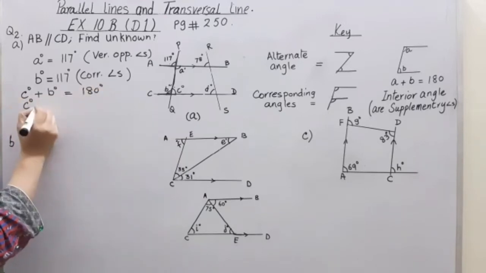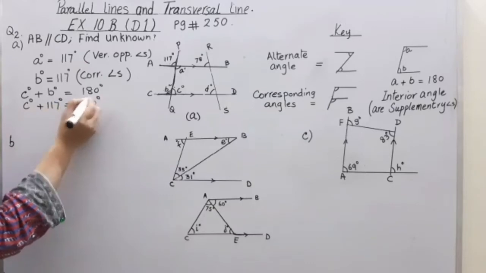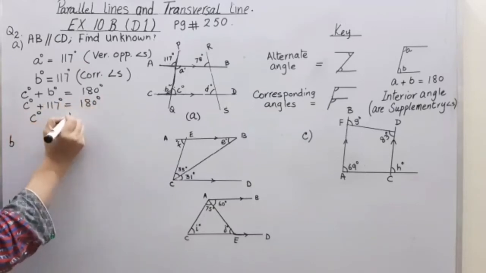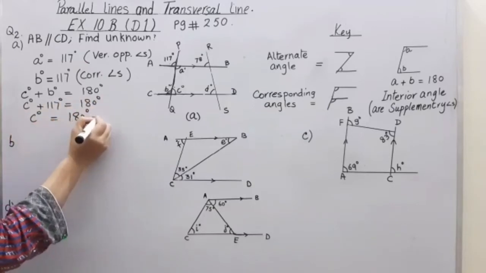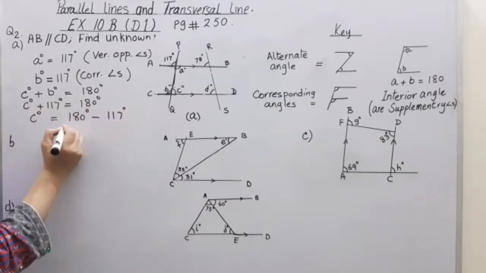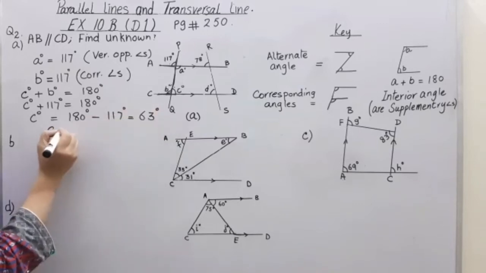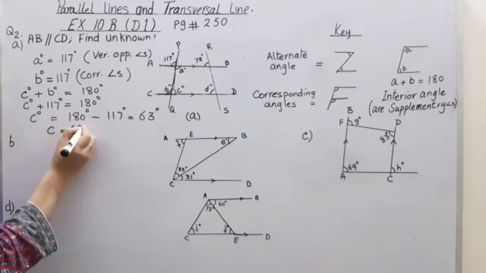We put the value of B here and solve it. C is equal to 180 minus 117 equals 63. C is 63.